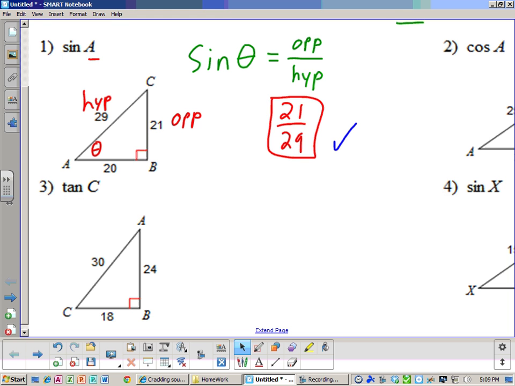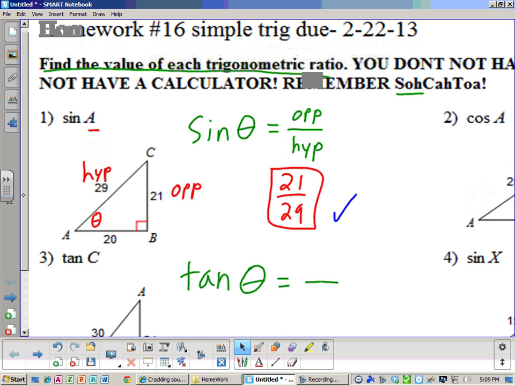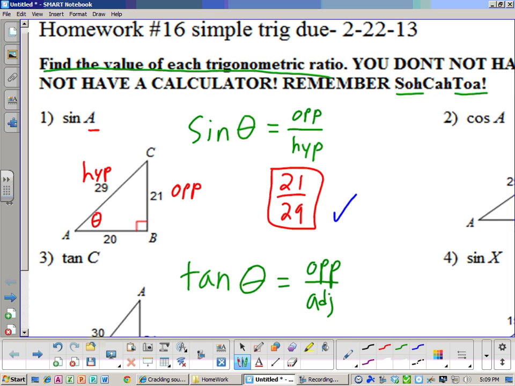Number three says, what's the tangent of C? Well, the formula is tangent of some angle is equal to TOA, so that's opposite over adjacent, right, opposite over adjacent.